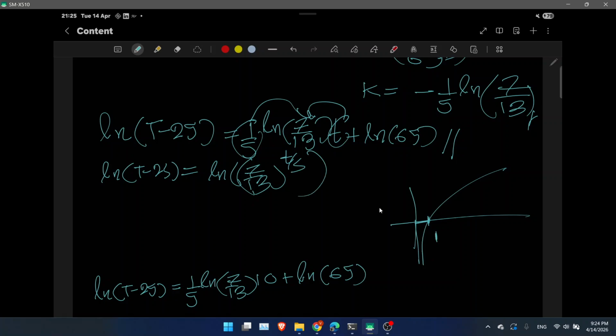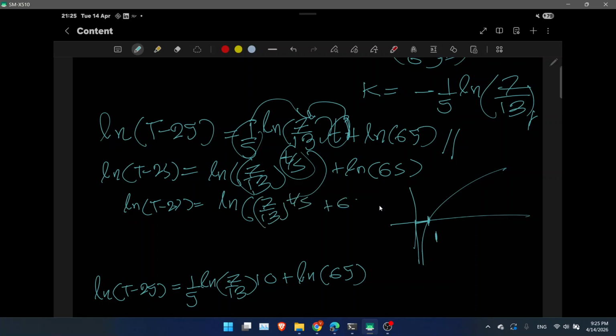Isn't it, guys? Because if there is some constant in front of the ln, you can bring it as a power. So this becomes ln(T minus 25) becomes ln of (7 over 13) to the power 3 over 5 plus 65.